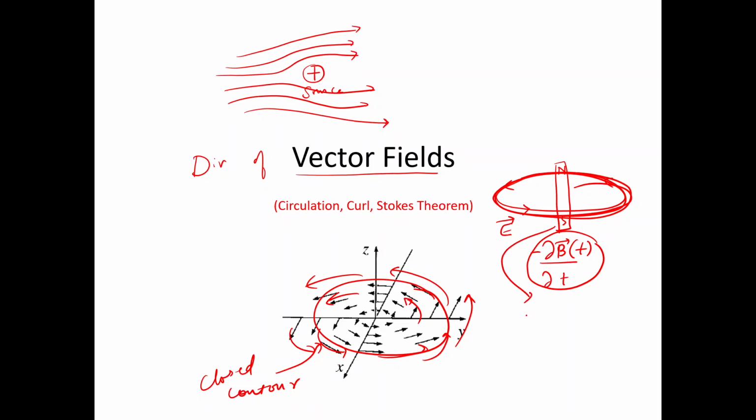These type of sources that cause a circulation, or you can call it as a curl of this vector field around it, is called a vortex source. This was diverging source.